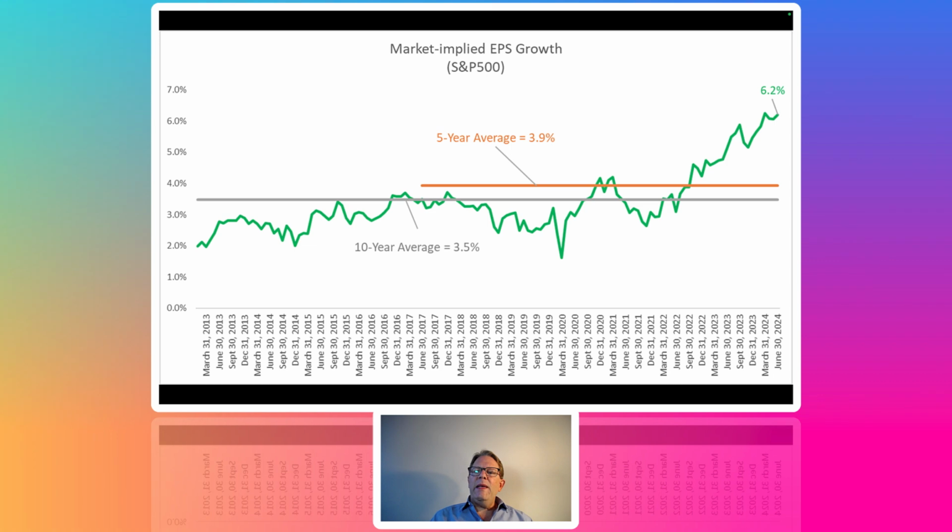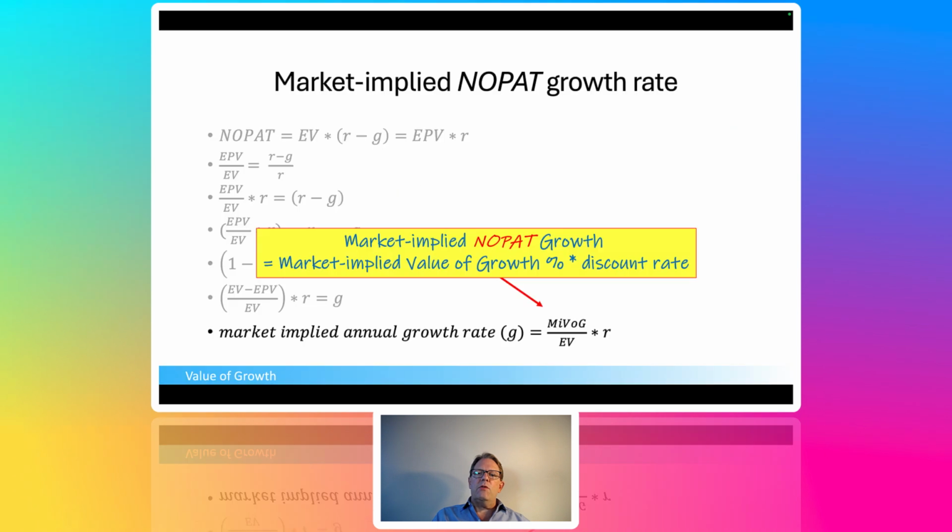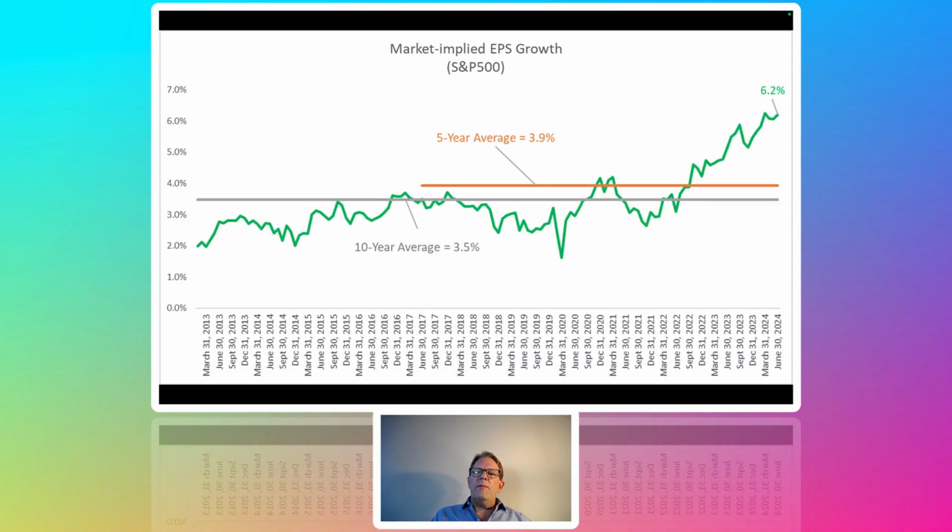when we were at the last peak, because rates were so much lower, the market implied growth rate was also so much lower. Remember, it's the market implied value of growth as a percentage of enterprise value times the discount rate. Well, the discount rate has gone up so much that the implied growth rate has also gone up so much.